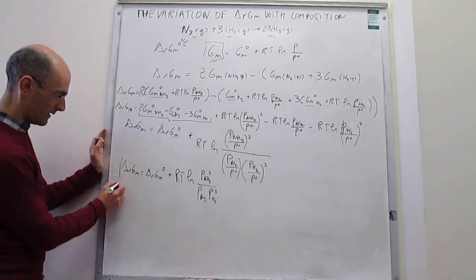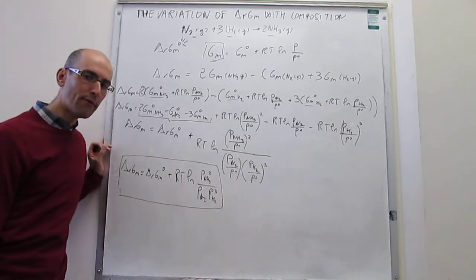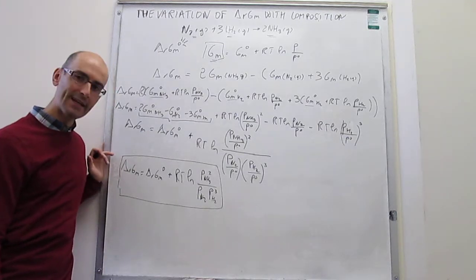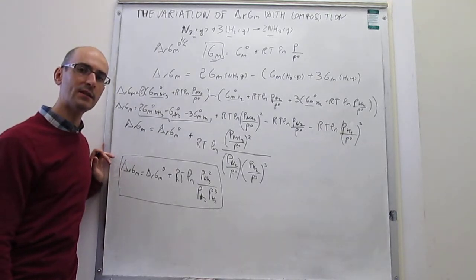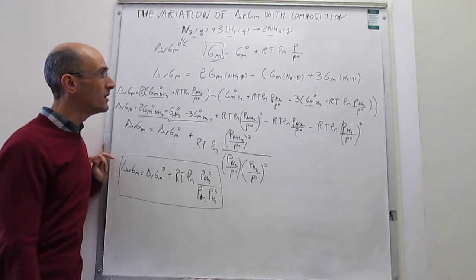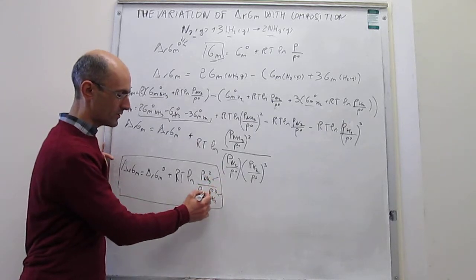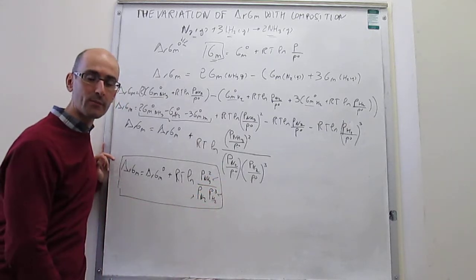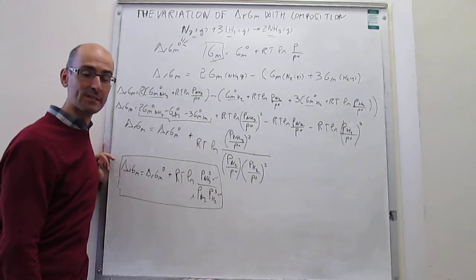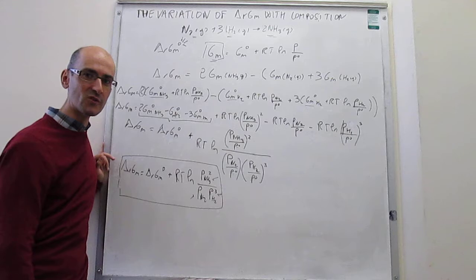Alright, so this, in my view, is the most important equation in all of thermodynamics because it allows you to predict the spontaneity of a chemical reaction under any conditions that you wish. Right? So now the only thing that you have to do is design what are the pressures of nitrogen, hydrogen, and ammonia that you have in your particular experimental setup, and then you will be able to predict under those conditions whether the reaction will be spontaneous or not.